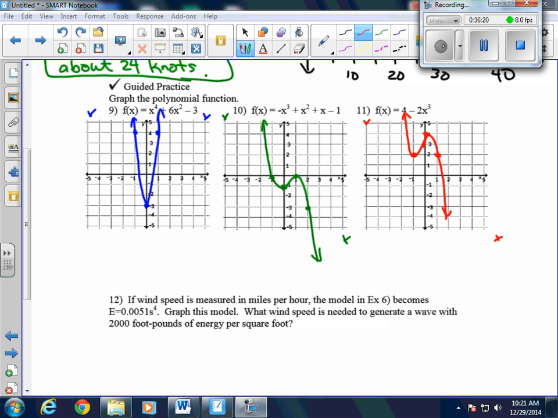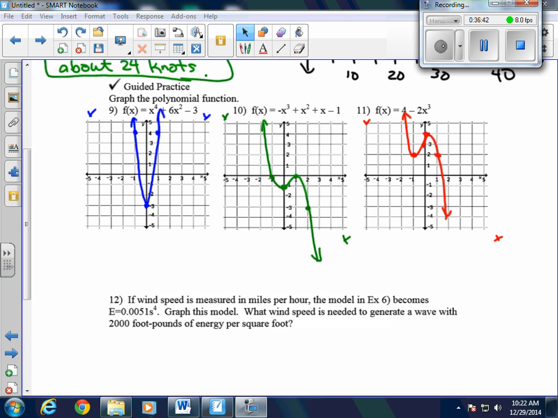And here are the graphs of 9, 10, and 11. Again, notice number 9, positive and even, so they both open up, and behaviors. Number 10 and 11, they're both odd and negative, so they're both going to be split. One goes up and one goes down.